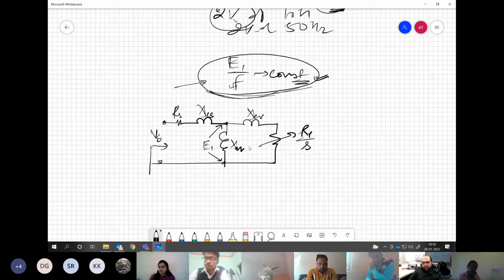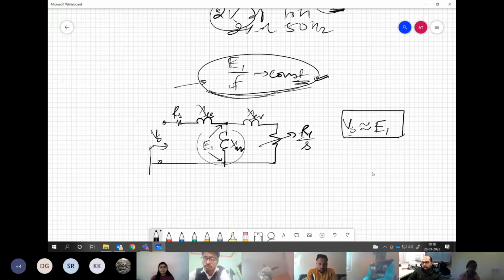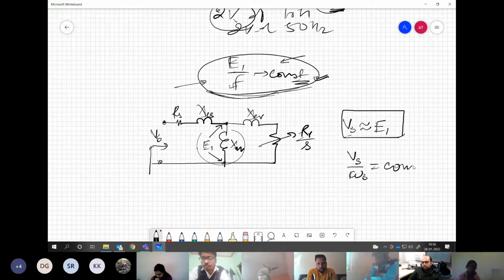So what we do is say that the supply voltage is approximately equal to the air gap EMF generated across the magnetizing inductance. We take this kind of approximation, and then instead of E1 by F equal to constant, we can maintain Vs by omega s, or F, as a constant value.